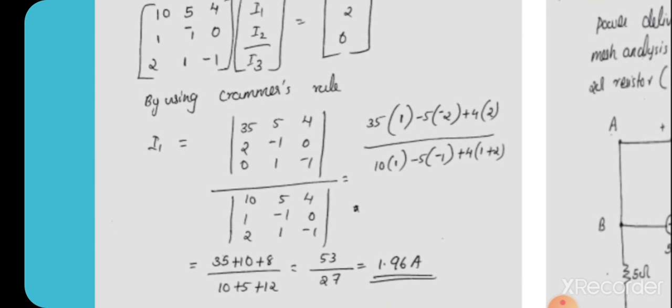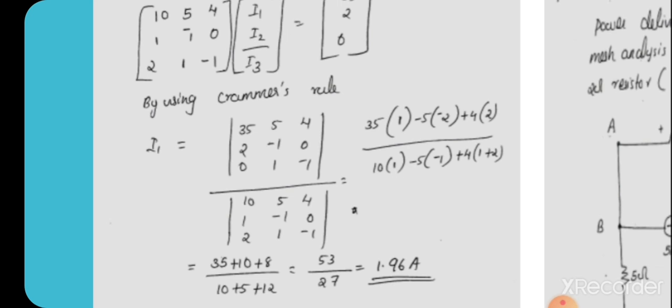So we can find out the determinant. How can we take the determinant? You know that. For taking the determinant, first of all, the first column and first row will be neglected. 35 into the determinant of minus 1, 0, 1, minus 1 will be taken.